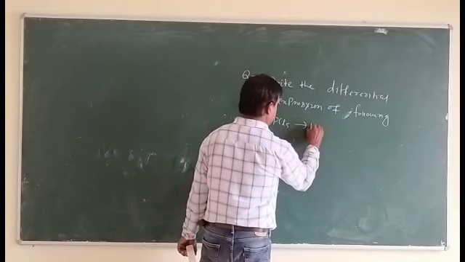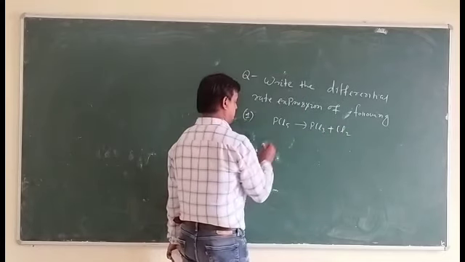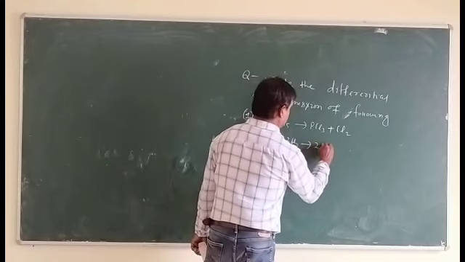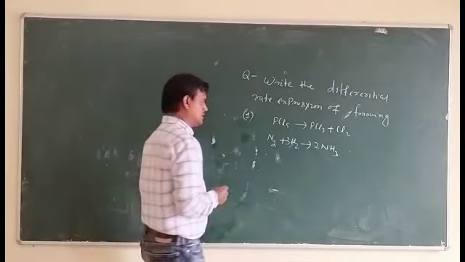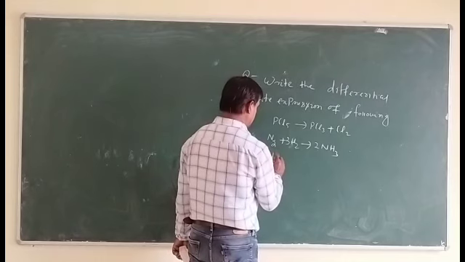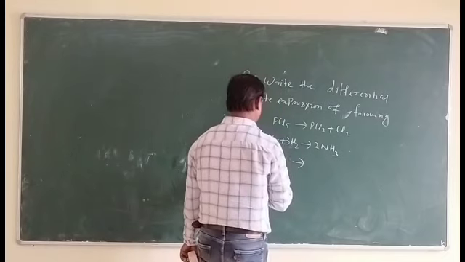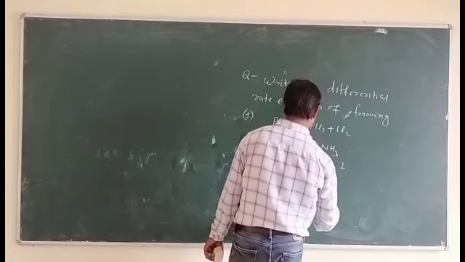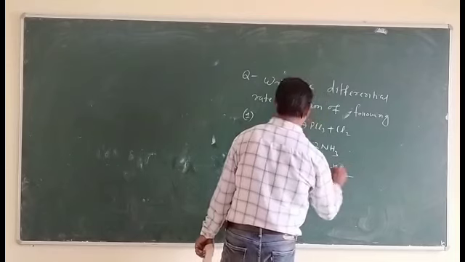PCl5 → PCl3 + Cl2. N2 + 3H2 ⇌ 2NH3. 2N2O5 → 2N2O4 + O2.